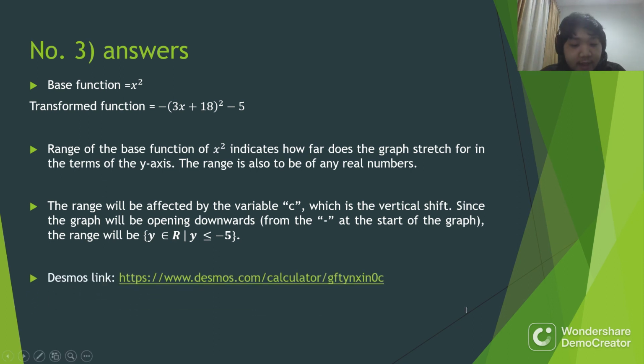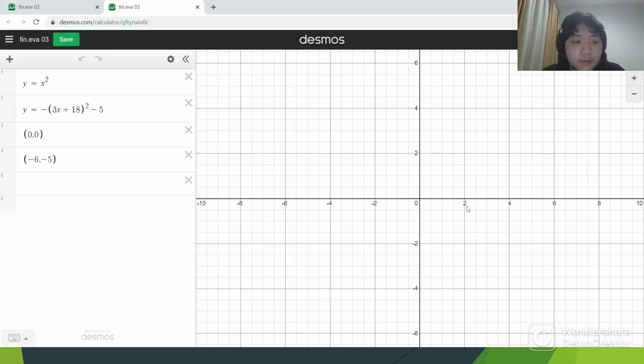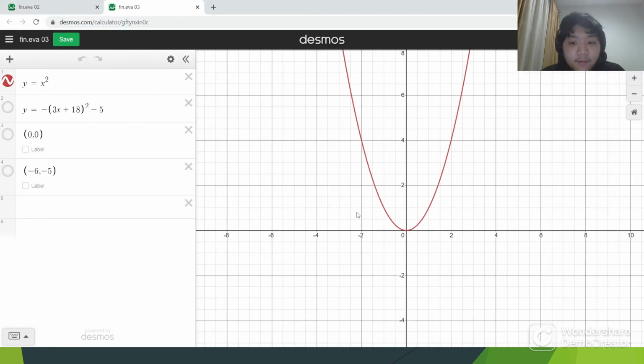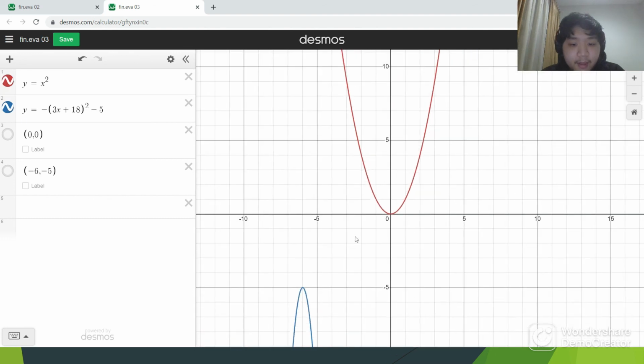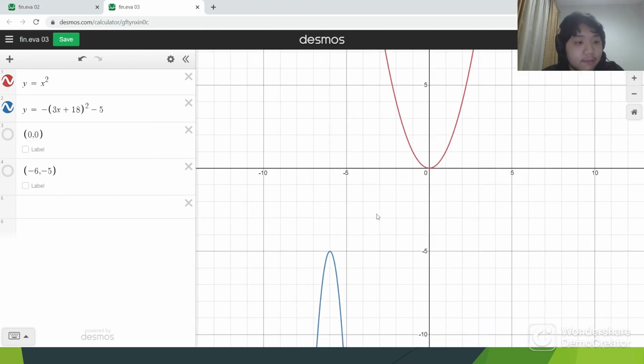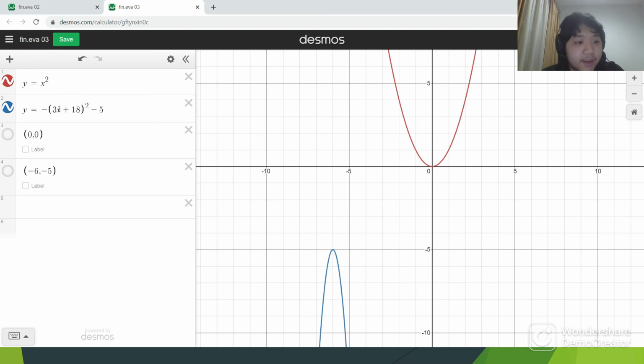We can use Desmos once again to see how this graph changes. So, as you can see over here, the red graph indicates the base function, which is y equals x squared. And the blue graph, all the way down there, indicates the transform function, which is negative (3x plus 18) squared minus 5.